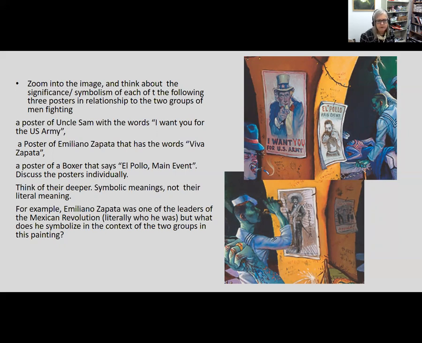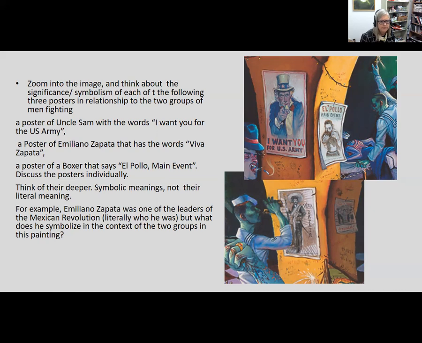So there's a poster of Uncle Sam with the words "I want you for the U.S. Army." There's a poster of Emiliano Zapata that has the words "Viva Zapata." If you don't know who Emiliano Zapata is, you can look him up. But if you use any quotations from another site, you're going to have to put footnotes, showing where you got the source of those words.